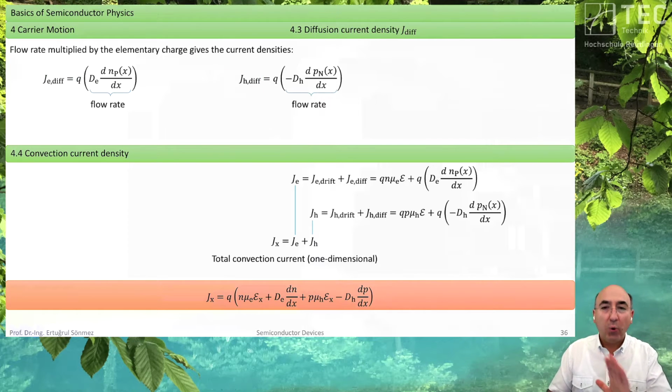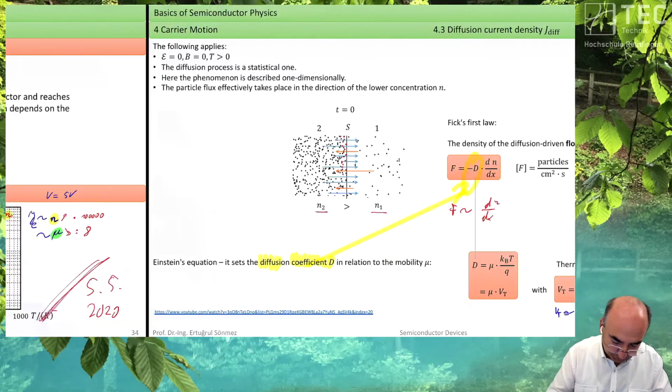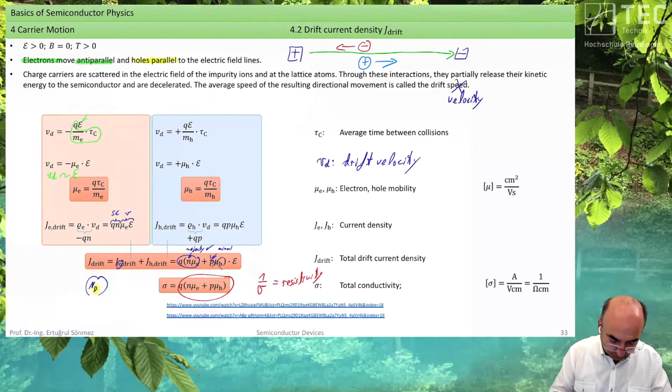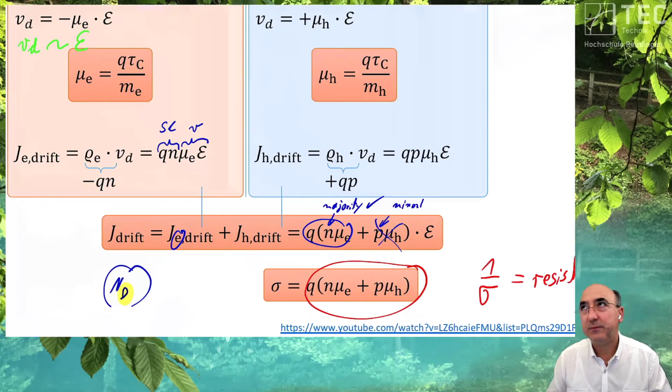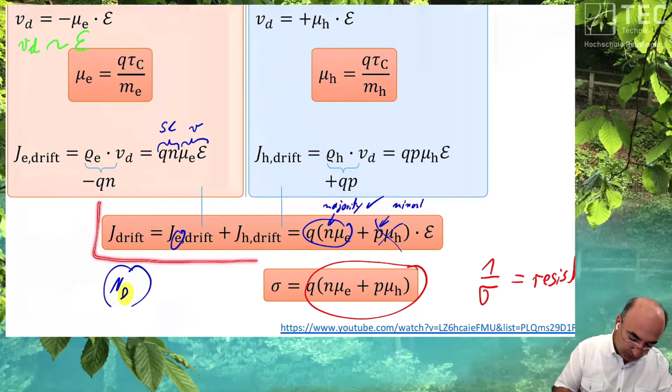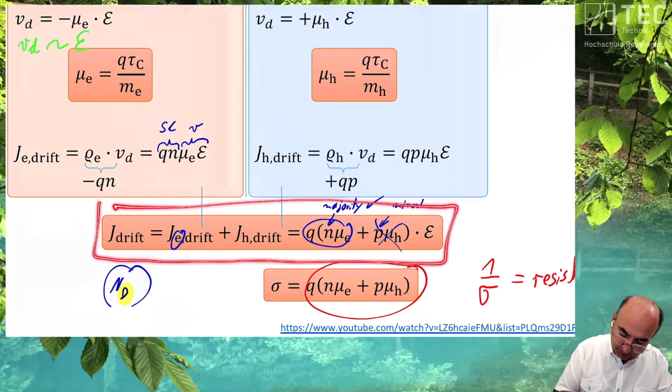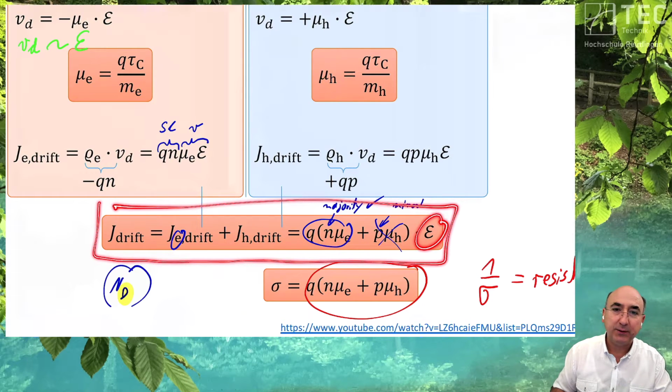Now we have all the components we need. For repeating it: we have learned that the drift is a function of the electric field. So we have the drift current depending on the mobility.